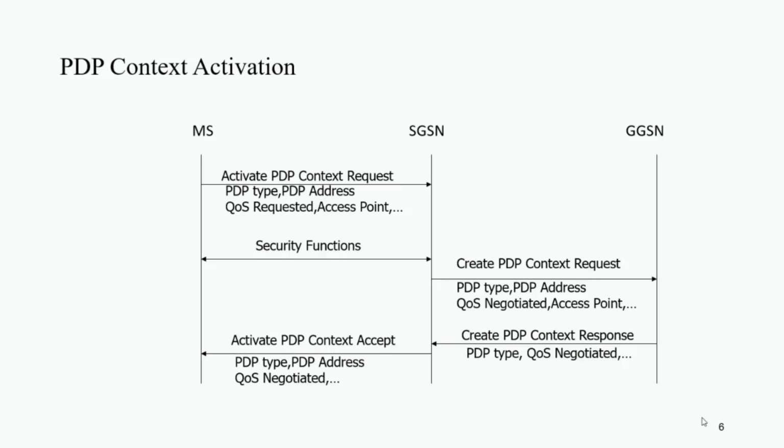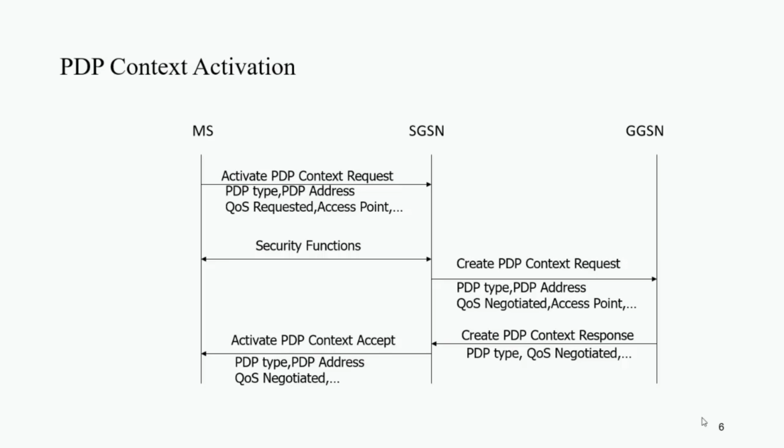When this authentication function is complete, the SGSN forwards this activate PDP context request to a particular GGSN to create the PDP context request. Then the GGSN negotiates the quality of service parameters and sends them to the SGSN, and then the SGSN returns these parameters to the mobile station. In this way, a PDP context is activated.